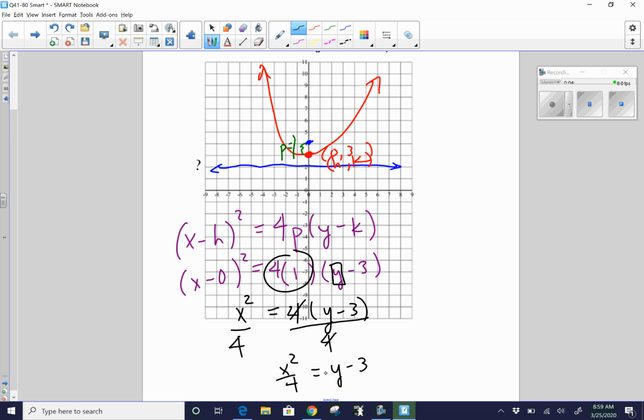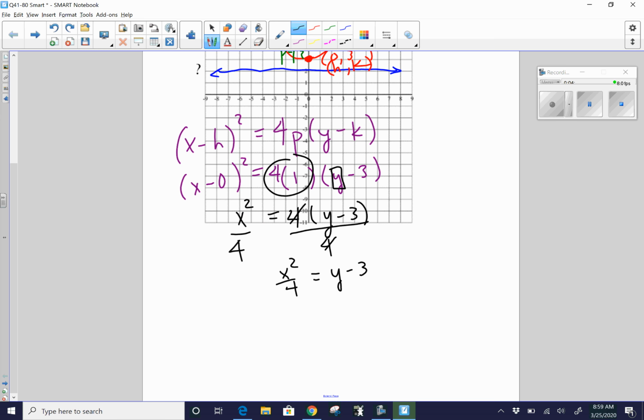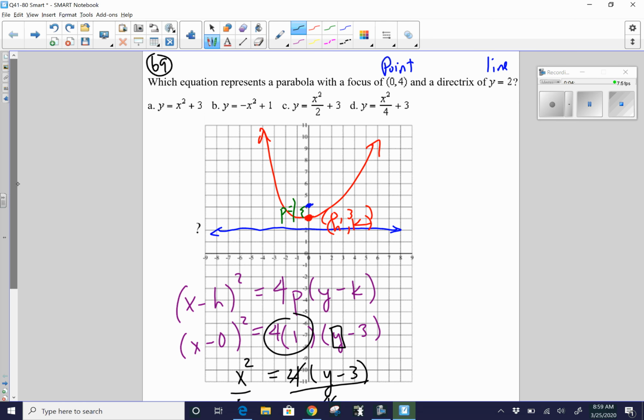And the only thing we need to do now to get the y by itself is add 3. So we get x squared over 4, which is this whole thing right here. We're going to add 3 to it, and that's what equals our y. And then we need to see which one matches that. So if you go to the top, that is choice D.